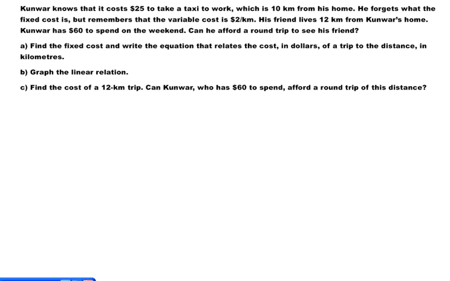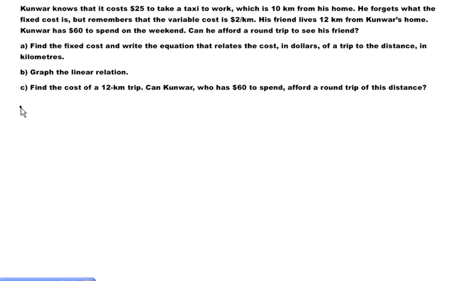in kilometers. First, there are two variables. One is cost, the other one is distance. Since cost depends on the distance driven, it is obvious that cost is the dependent variable and distance is independent.